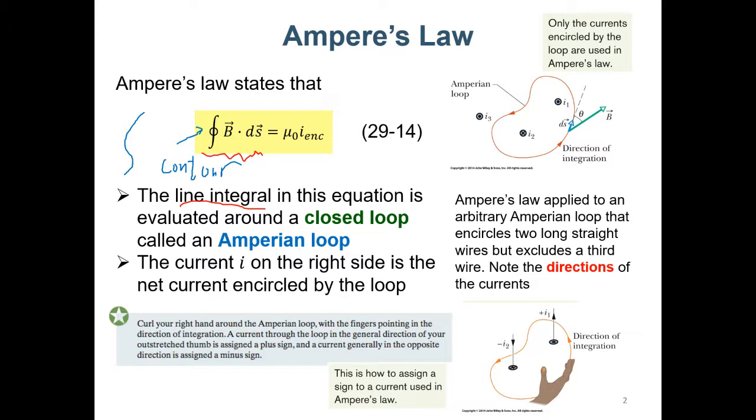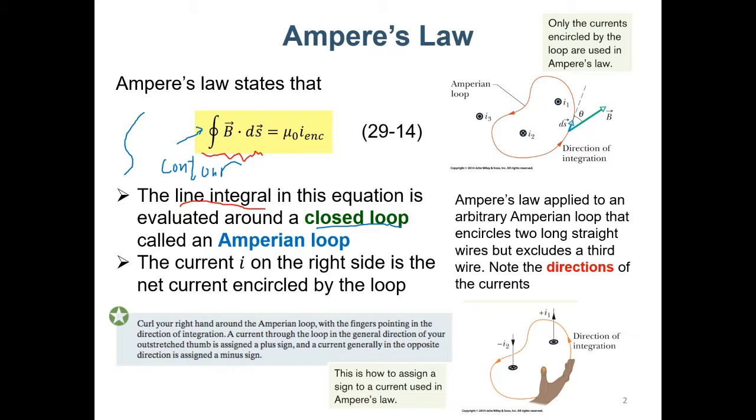For Gauss's law, we call it a Gaussian surface. Similar concept here. So this is a closed loop, and we call it an Ampere loop.